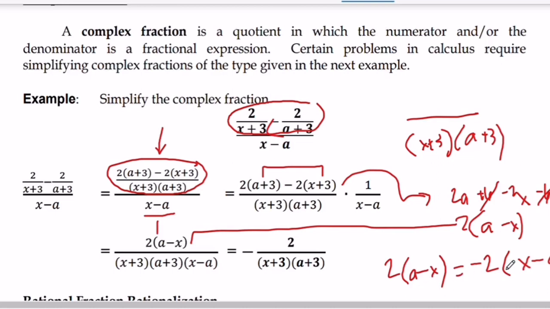So they are just equal. So for the numerator, the factored form will be put in this kind of expression so that the x minus a will be cancelled out. So the remaining would be negative 2 divided by x plus 3 times a plus 3. So this is our final answer.